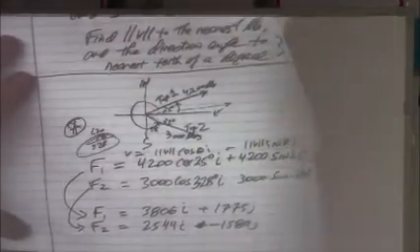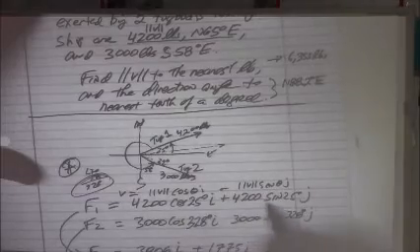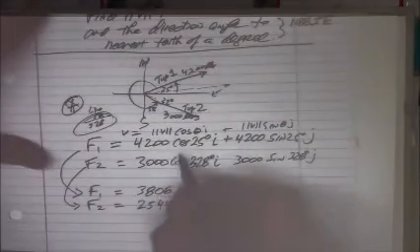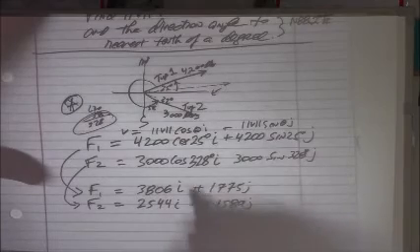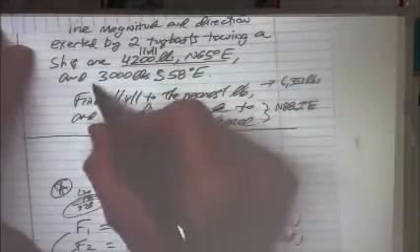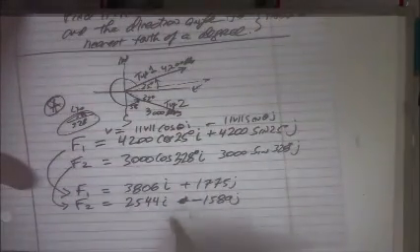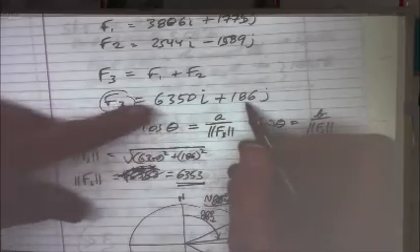And remember, the way we figure it out is you take one tugboat's information and you turn it into a vector and calculate it with the actual cosine and sine to get the 3806 and 1775. You do it with the other tugboat, and then you can add those together to get the vector for the ship.